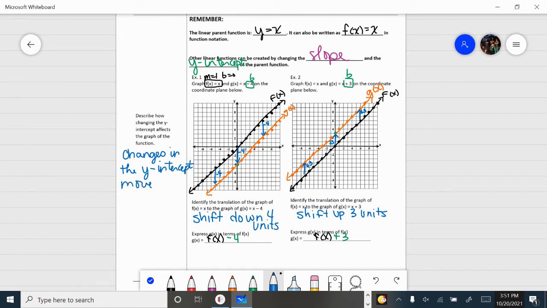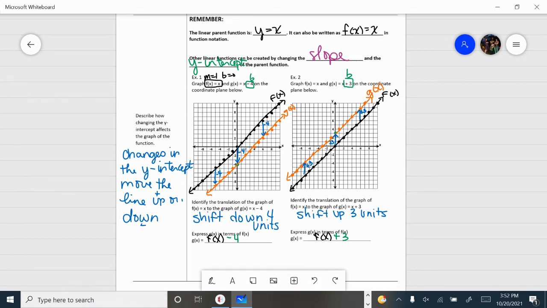It depends on whether it is a positive change, which will move it up, or a negative change, which will move it down. So your vertical translations will change your y-intercept.